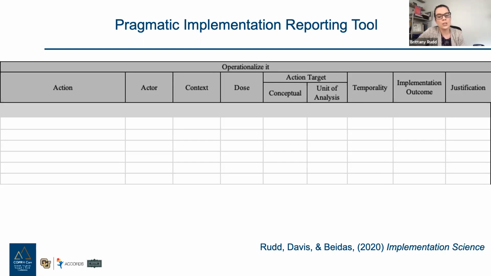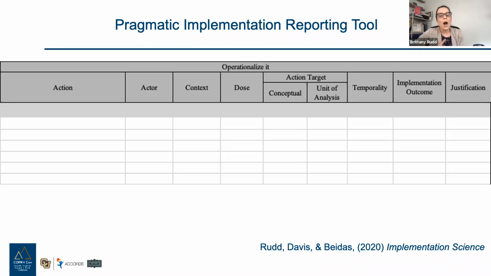Then moving on to action target. What is this strategy attempting to change conceptually, and at what level? So for the conceptual target, this is where you highlight that proximal thing. And Cara Lewis did a really nice job in the talk that just happened, talking about how there are proximal targets that are sometimes mechanisms that then lead to implementation outcomes.